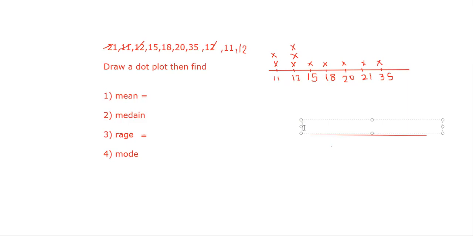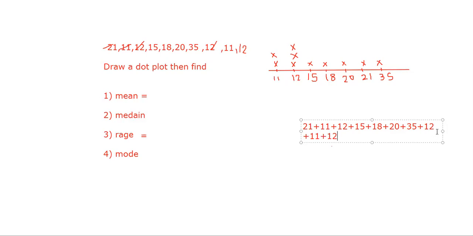The mean. Yes, the mean, we're going to add the numbers and then divide. Very good. So we have 21 plus 11 plus 12 plus 15 plus 18 plus 20 plus 35 plus 12 plus 11 plus 12, right?